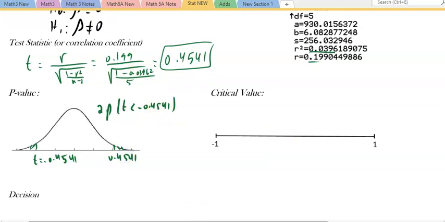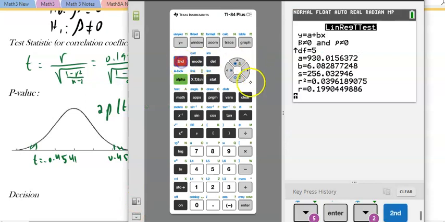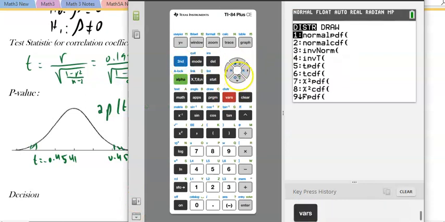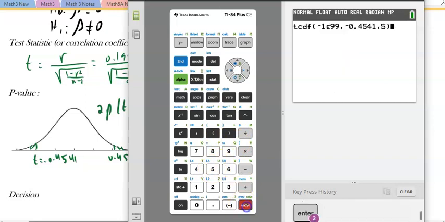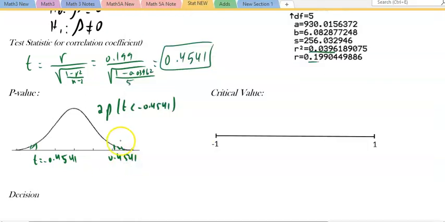If I get my calculator and take that probability, second distribution, we're looking for TCDF, negative to negative 0.4541. Degrees of freedom in this case will be 5, right, n minus 2. And tell me what that is.